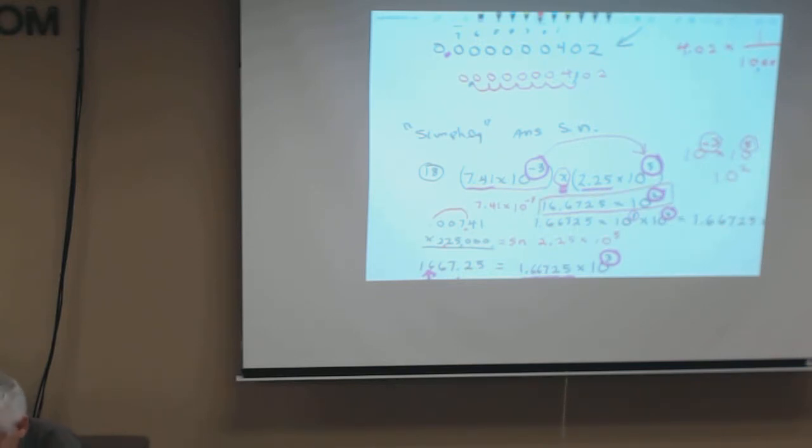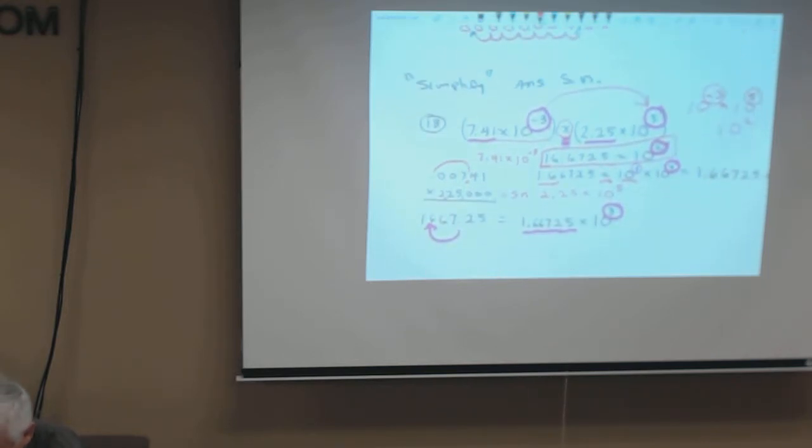So my new number is 16.6725 times 10 to the 2nd, except 16 is not scientific notation. So watch what I do. I have to bump it down from 16 to 1.6, which means 16.6725 is 1.66725 times 10 to the 1st. So now I've got 10 to the 1st times 10 to the 2nd. So my final answer is, isn't that beautiful?